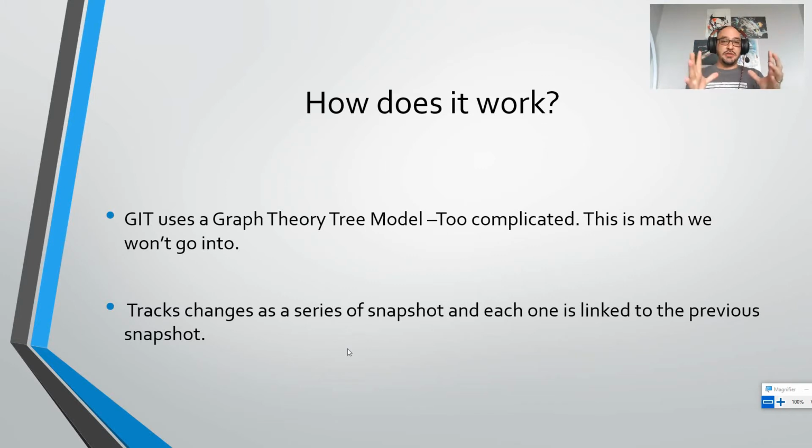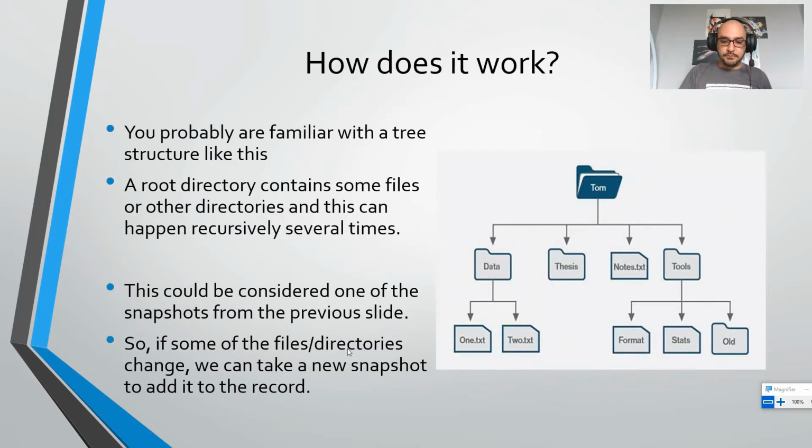I can take a picture of all of the files at this moment, and I can take another picture of all of the files at a future moment after some changes have been applied. We'll see that in a little drawing next. But before, let's see what that looks like.